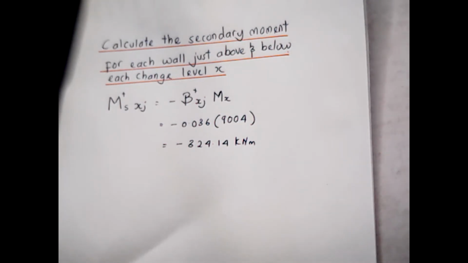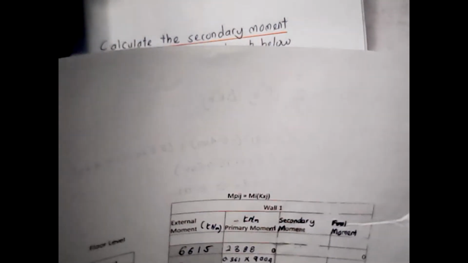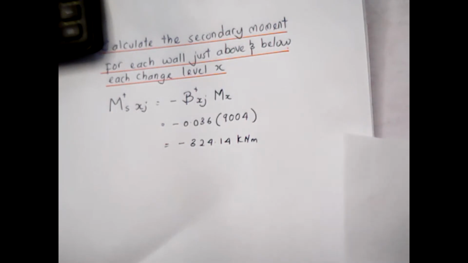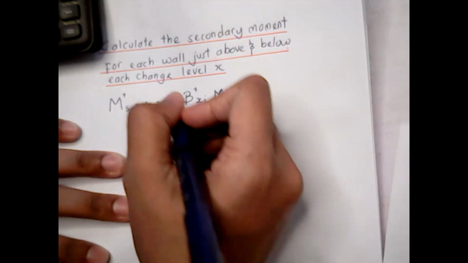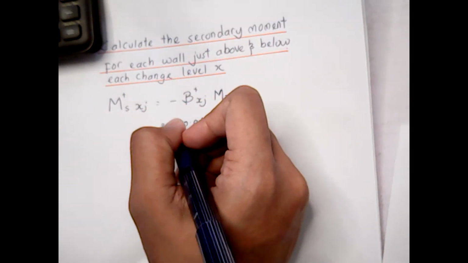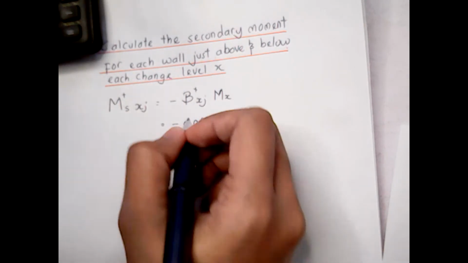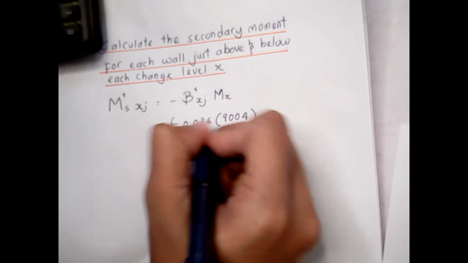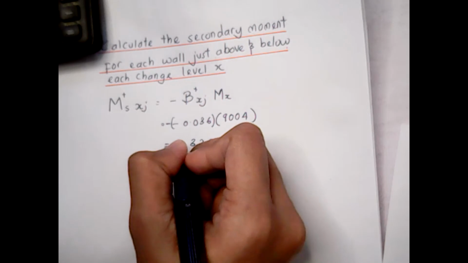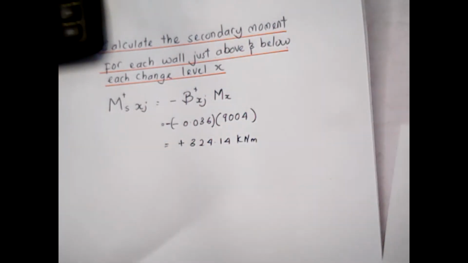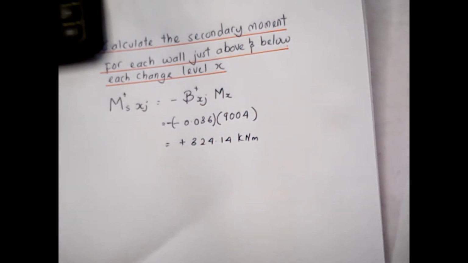So you can put the value here. Sorry, you need to make it negative, since the coefficient's value is negative. So you get 324 kilonewton meter here.